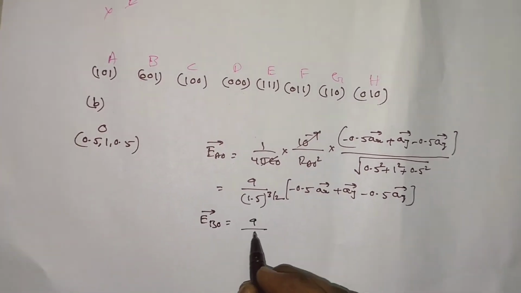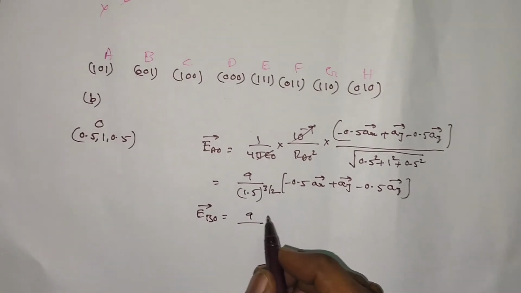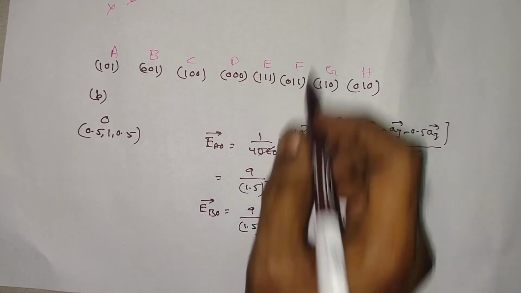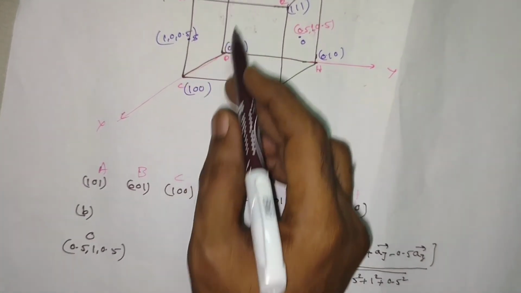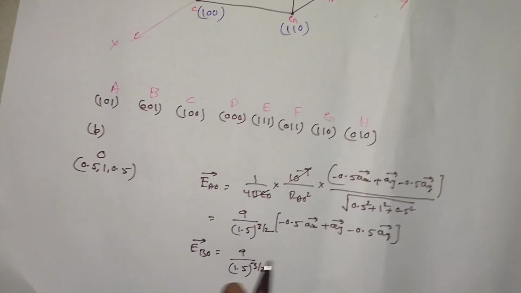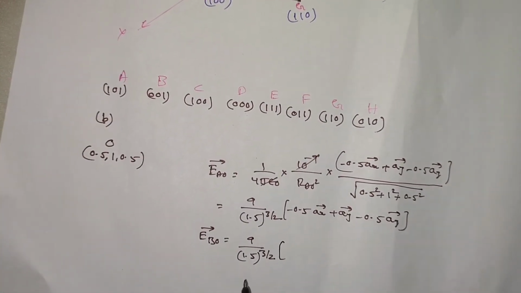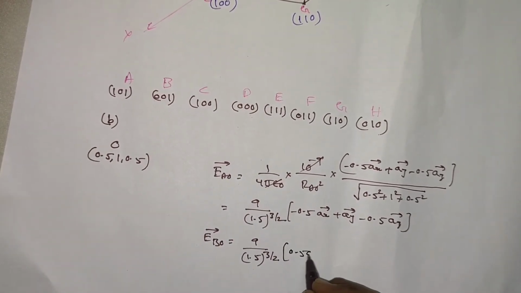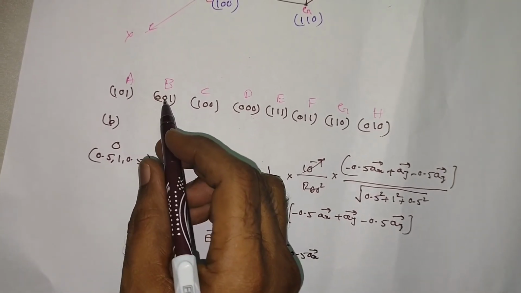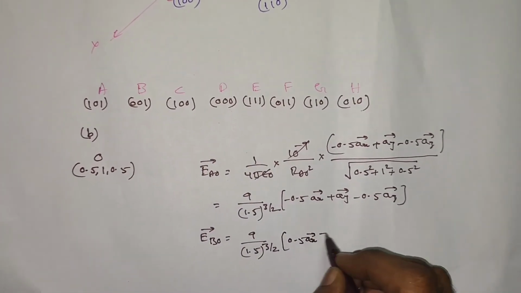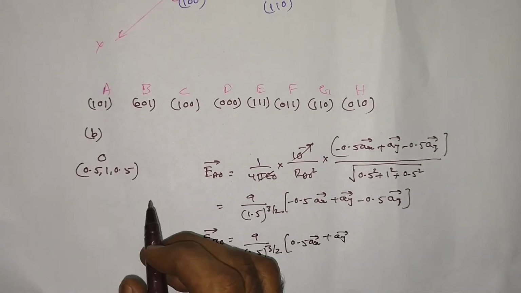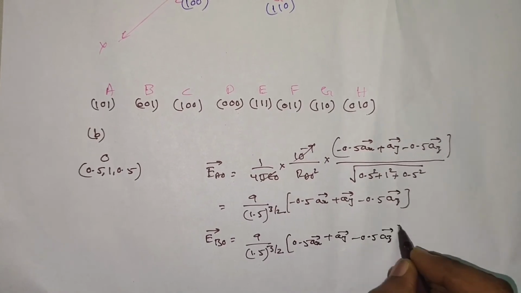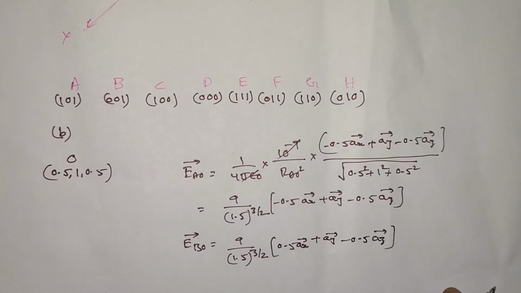So here 9 divided by 1.5 to the power of 3 by 2, because all are located at the same distance with respect to this point O, A, B, C and D. Hence the distance remains the same, multiplied by, from B to O, 0.5 minus 0, that is 0.5 into a_x bar, plus 1 minus 0 a_y bar, and 0.5 minus 1, minus 0.5 a_z bar. So this is about E_BO.